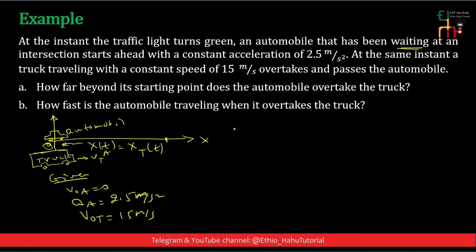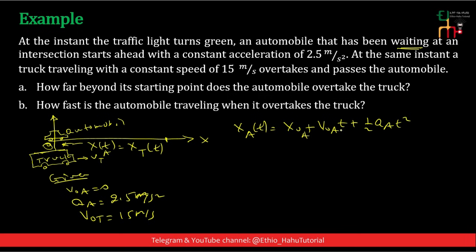Distance of automobile, x of a of t, is equal to x naught of a plus v naught of a times t plus 1 over 2 a of a t square, where x naught of a means the initial position of the automobile with respect to the reference point, origin.